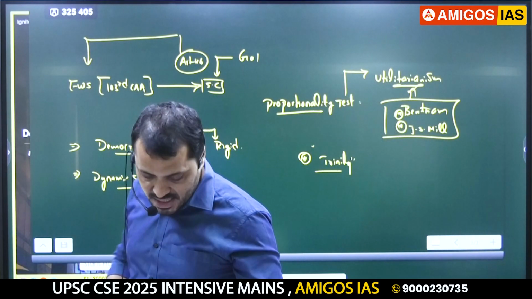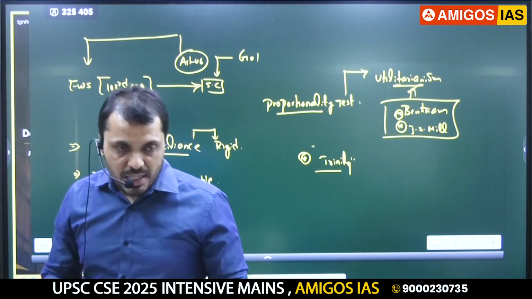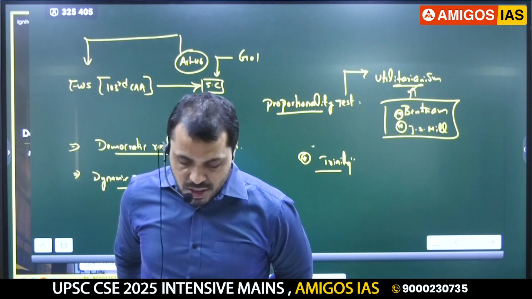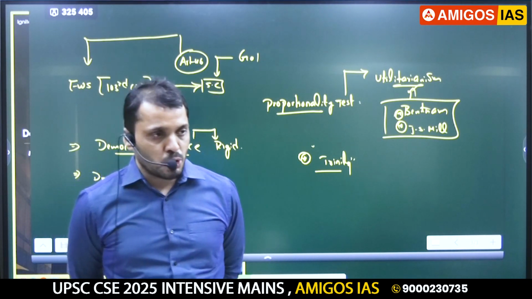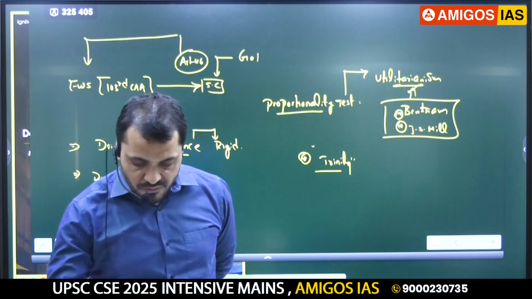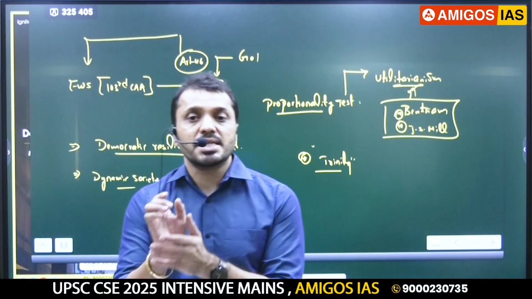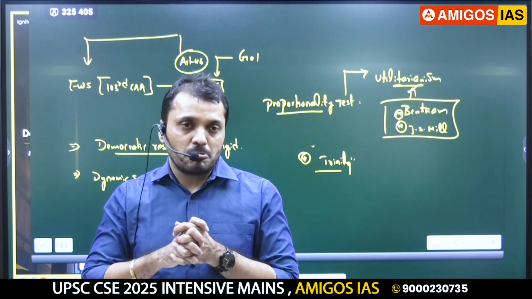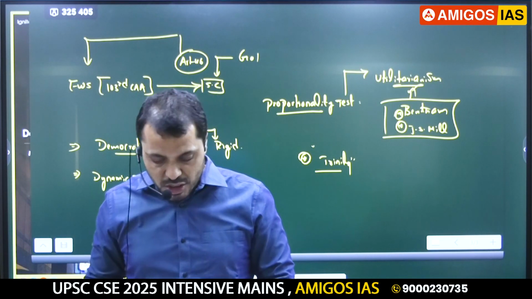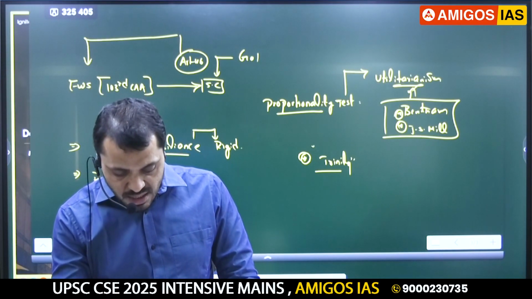Now with respect to Article 16, it provides reservations in state employment. Here you should quote Indira Sawhney versus Union of India, where, while promoting social justice, it tried to limit the reservation to 50%.